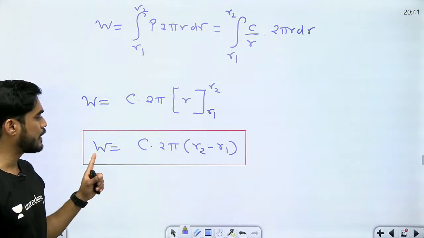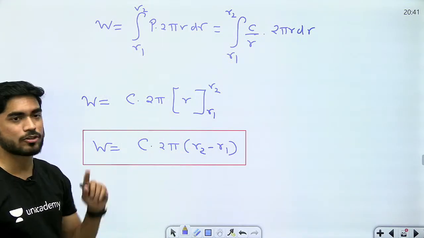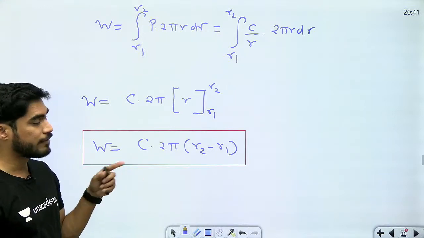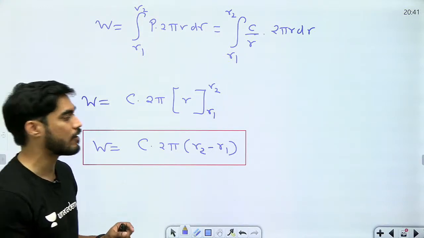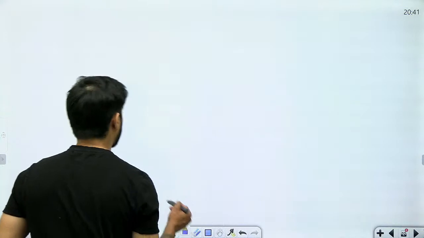Now, W equals C into 2 pi (R2 minus R1). We also need a relation between T and C. How do we get that?